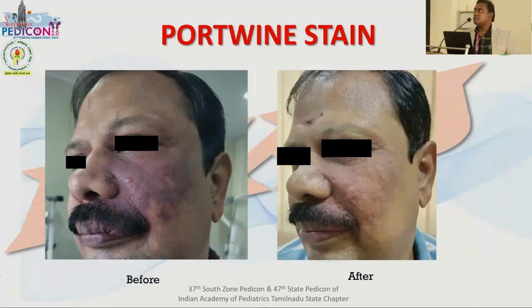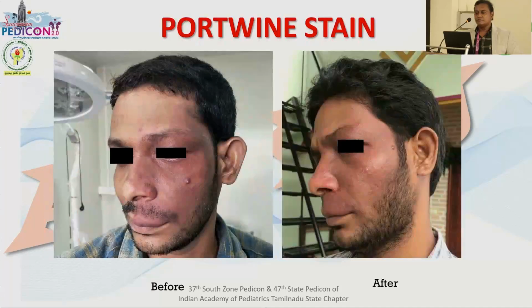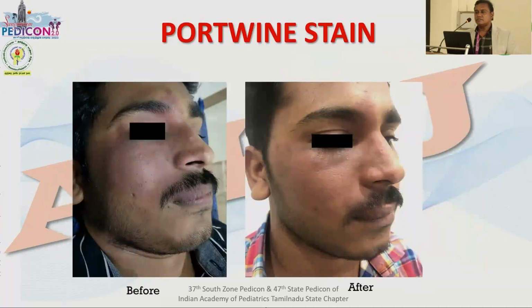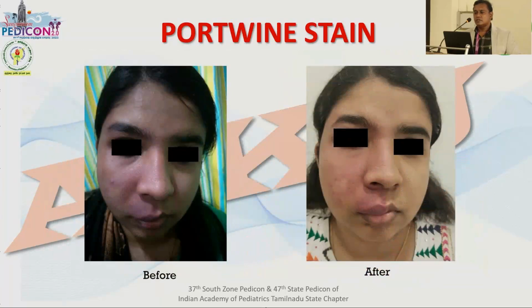These are all adult people. You can see the pre and post photographs. This should have been avoided. See, the treatment is being given for a girl. You can see the soft tissue growth. The port wine stain in children and newborns will not have soft tissue overgrowth.